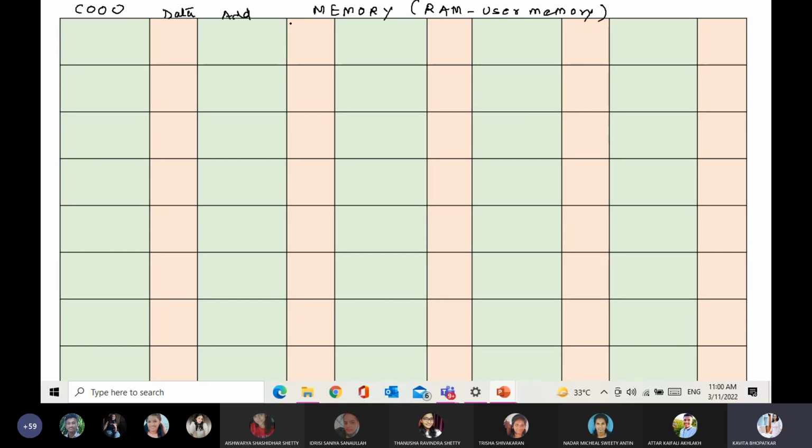So ये एड्रेस फील्ड है और ये डेटा फील्ड है। ठीक है, ग्रीन कलर एड्रेस फील्ड है, पिंक कलर डेटा फील्ड है। तो जैसे C000 एड्रेस में कुछ तो डेटा यहाँ पे रहेगा, 8 बिट डेटा। ऐसे करके काफी सारे एड्रेसेस आएंगे। Now whenever you have been asked to add two numbers, subtract two numbers, multiply numbers, arrange the numbers in ascending order, arrange the numbers in descending order, then swap the numbers between two locations, कुछ भी तरीके का अगर प्रोग्राम तुम्हें आया, then always and always the input is given into the locations.